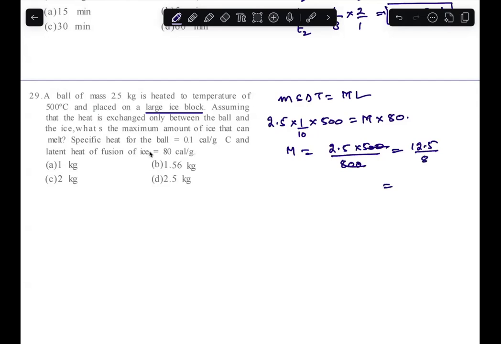So obviously 1.56. Because there is no other option available for us. 1.56 kg. Simple question. But while you are doing this, please note that this L and this L are made more or less calories part only. So there is no issue.